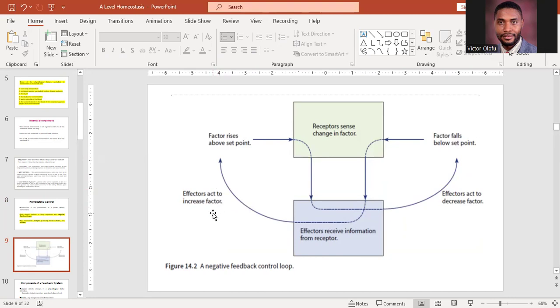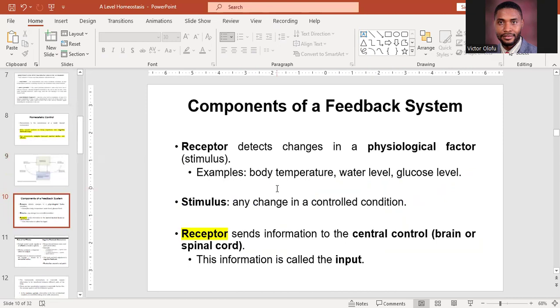When a factor rises, effectors will be sent to do what? To reduce that factor. If a factor decreases, effectors will act to increase that factor. That's a negative feedback loop or negative feedback mechanism. So the components: we have a receptor that detects changes, the stimulus, any factor, anything that needs to be controlled.